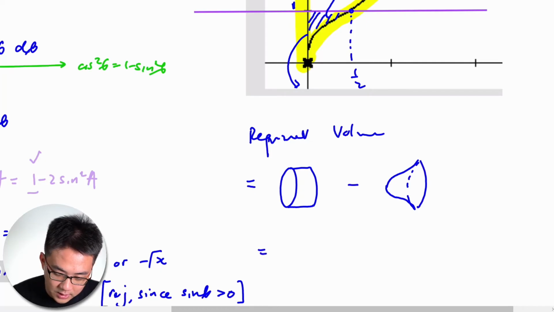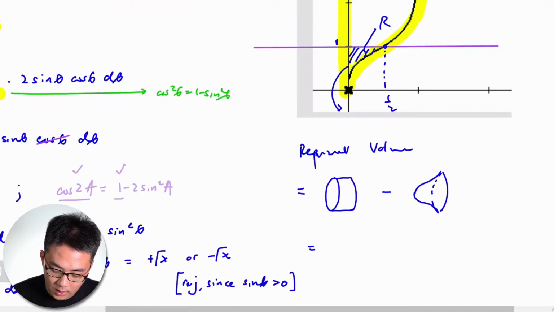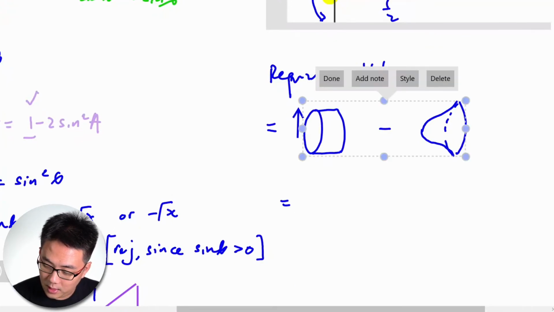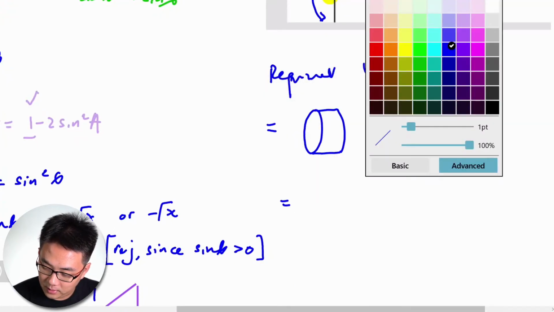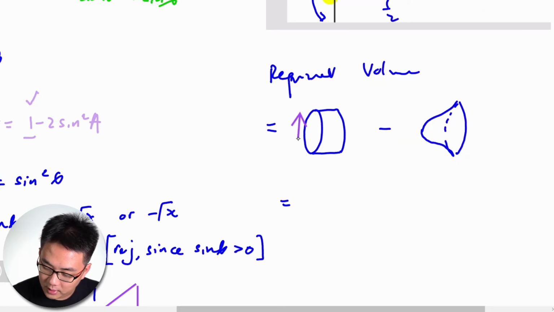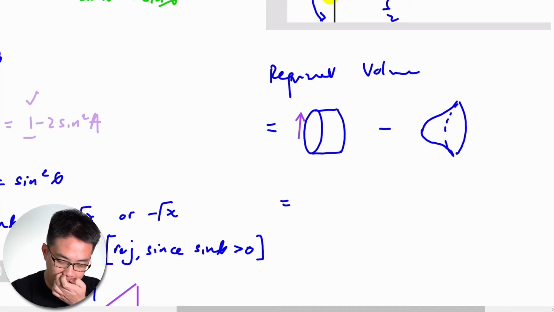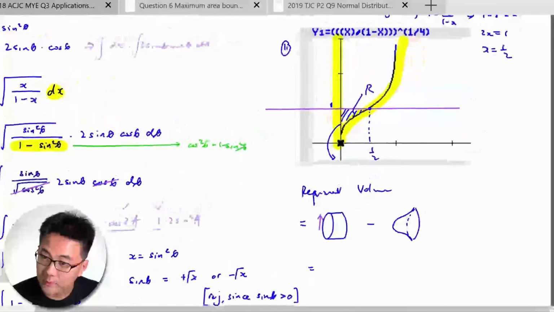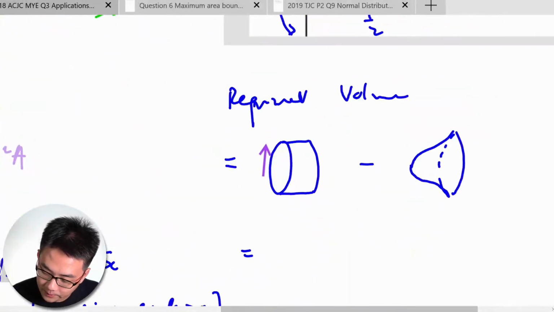Basically this cylinder is okay. If you are comfortable in finding the cylinder volume, then you just go ahead. So I will just find the radius of the cylinder, and then this is the length, which is half. So this will be one unit, and this over here will be half.